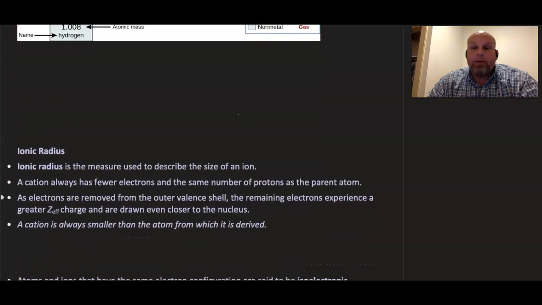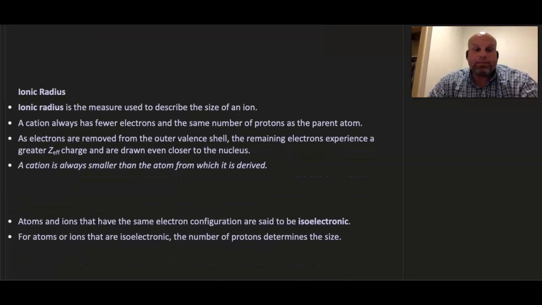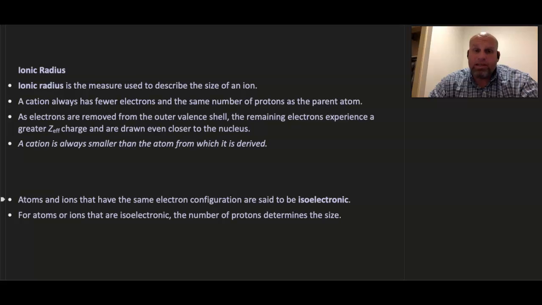Okay, when we talk about radius, we also should talk for a second about ionic radius. So obviously this is used to describe the size of an ion as opposed to an atom. A cation always has fewer electrons with the same number of protons, right? Cation means positive ion, so we're losing electrons.